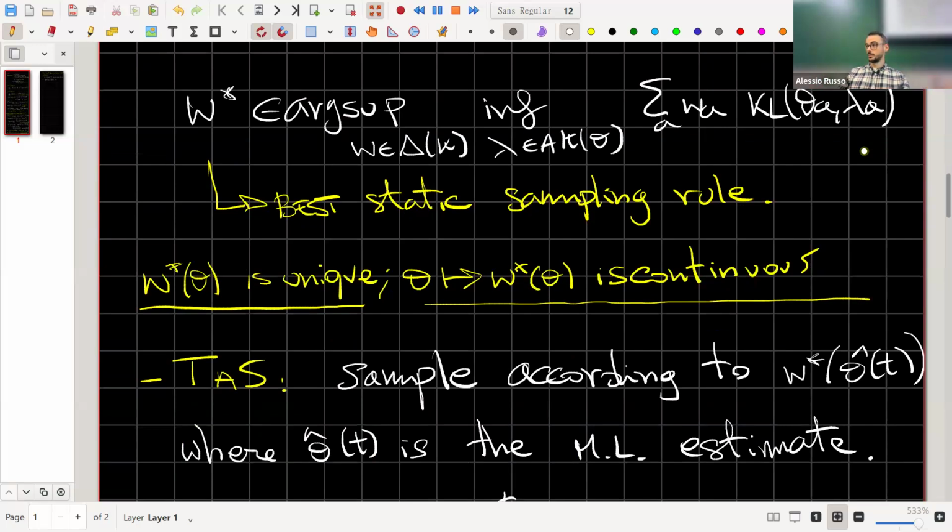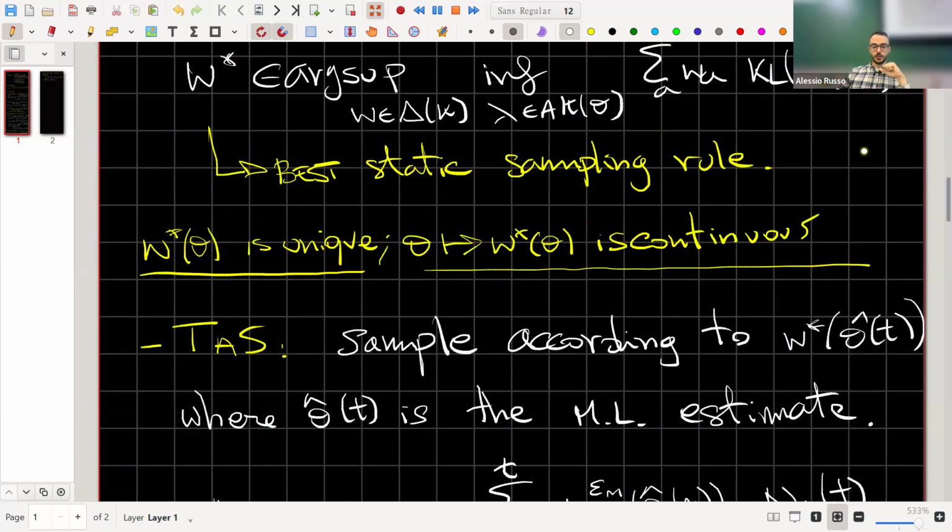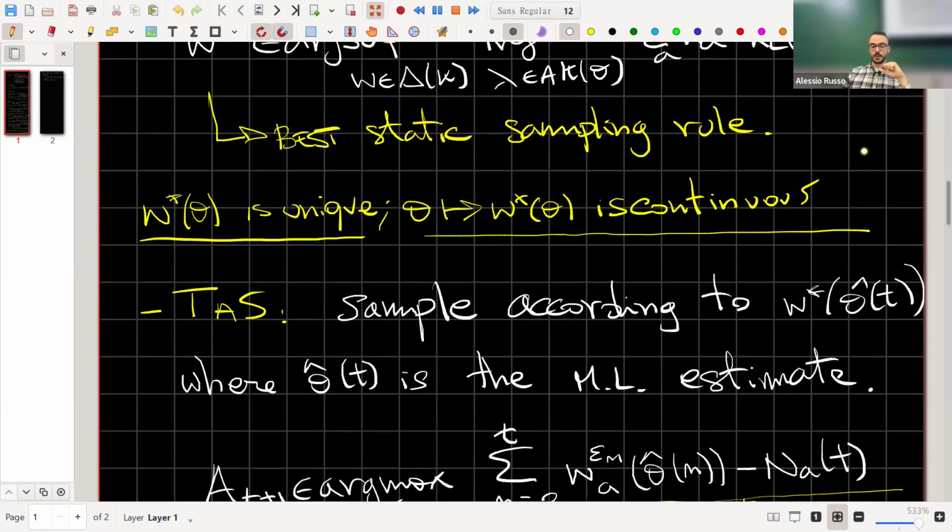It depends on theta. We don't know the true value of theta, so we need to estimate theta, and if we don't estimate theta well, then our W star might be very different from the true W star. So the optimal allocation that we computed might be very different.